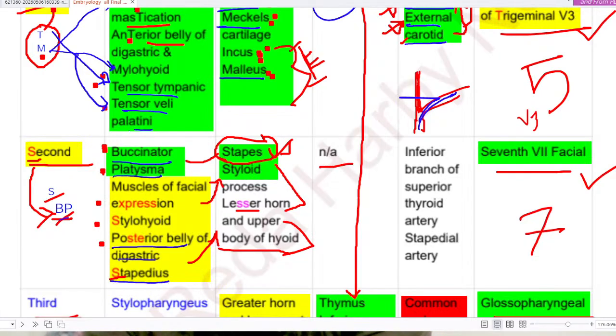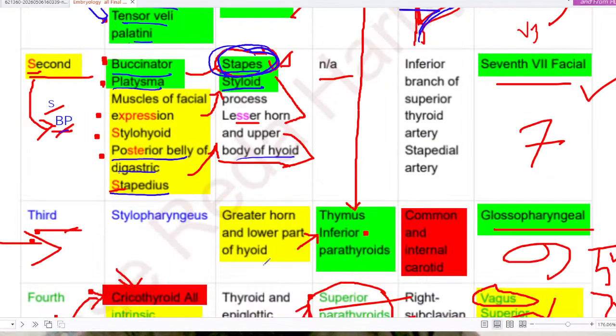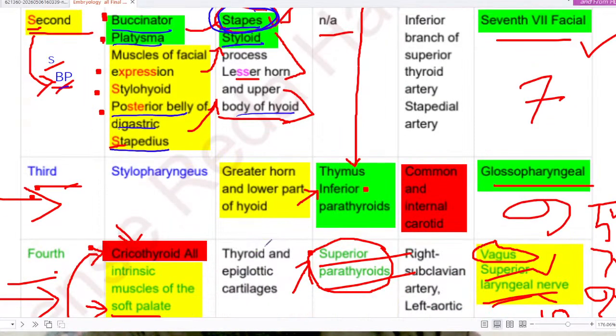Then again S for stapes, styloid, and lesser horn of the body of the hyoid. Not very important, but you have to remember the stapes bone. Sometimes they give the question: stapes developed from which arch? From the second arch. And which nerve? Seventh, facial nerve.